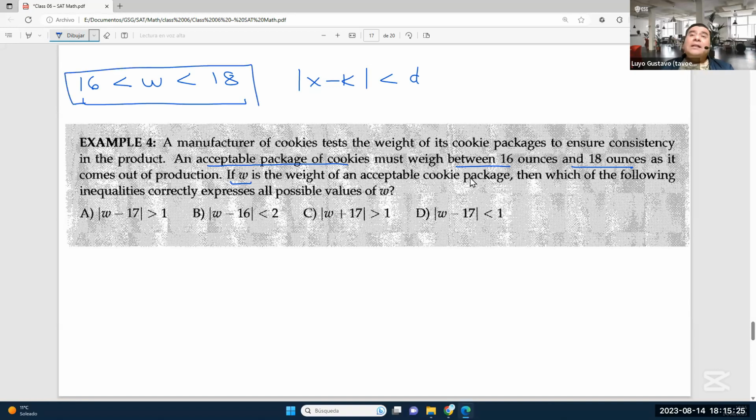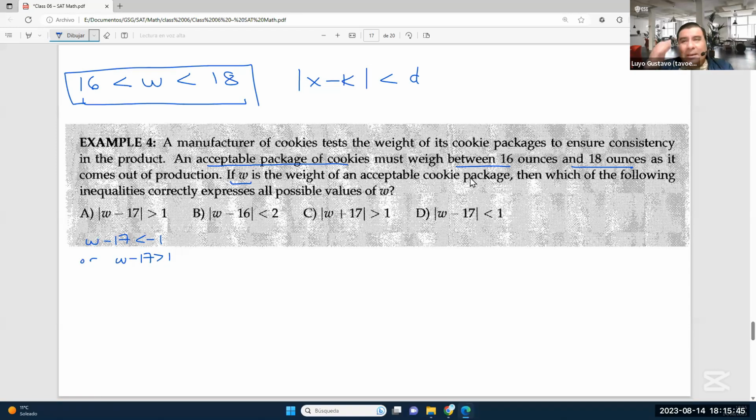For example, let's try the first one. The first one says W minus 17 is greater than 1. So according to the equivalences we saw, this directly opens as W minus 17 is less than negative 1, or W minus 17 is greater than 1.